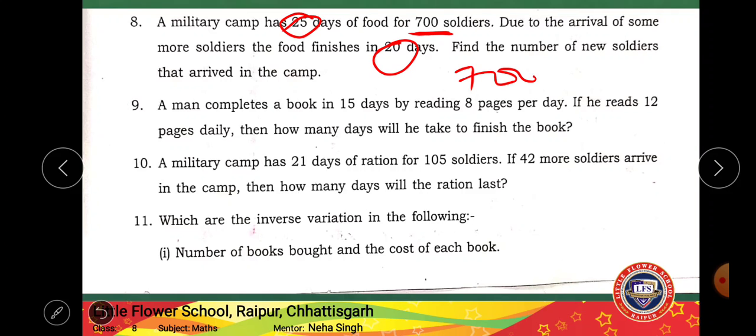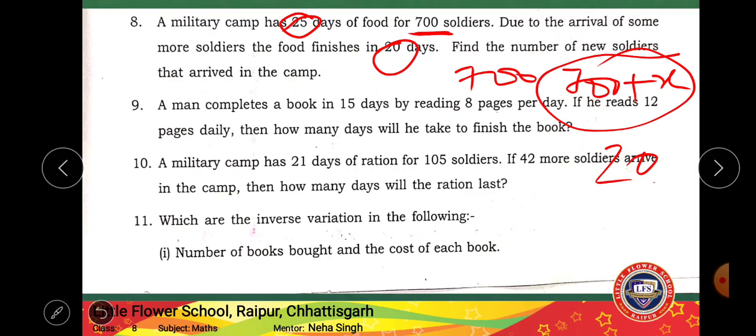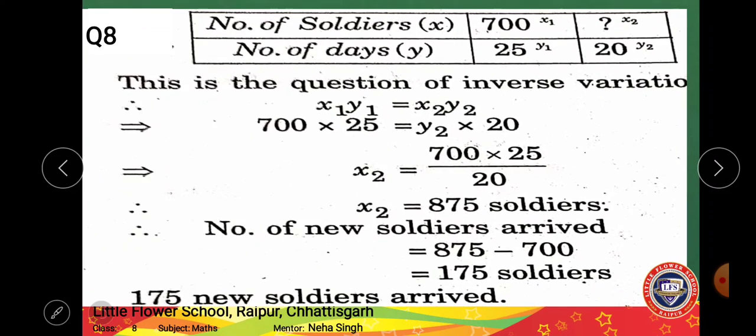Firstly, the number of soldiers was 700. अब कितने हो गए? 700 में कुछ soldiers add हो गए हैं, और इतने सोल्जर्स के लिए फूड 20 डेज चल रहा है. 700 सोल्जर्स के लिए फूड 25 डेज चला, और हमें फाइंड करना है कि कितने सोल्जर्स के लिए फूड 20 डेज चलेगा. So we can find the total number of soldiers here.